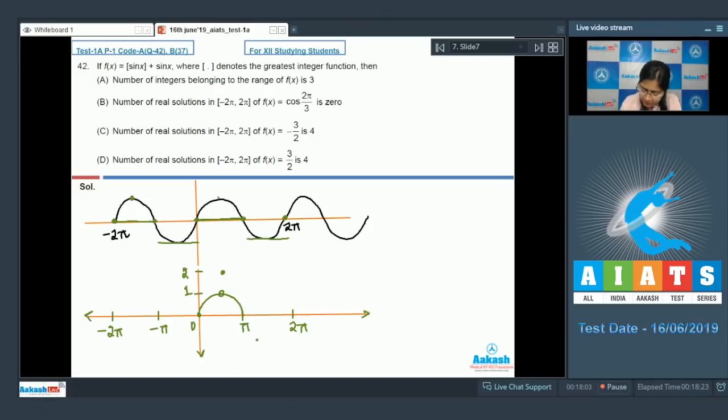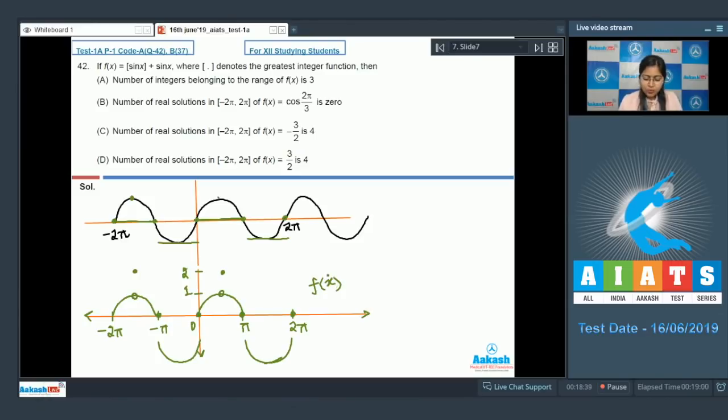Similarly here it will shift 1 unit downwards and the graph will be like this, where at the endpoints the value is 0, right? Similarly on the negative side, we can see the value will be like this, and here the value will be 0. Similarly, talking about minus pi to minus 2 pi, the value will be like this, but at minus 3 pi by 2, it is open here and it will be 2. So this is the graph of f(x).